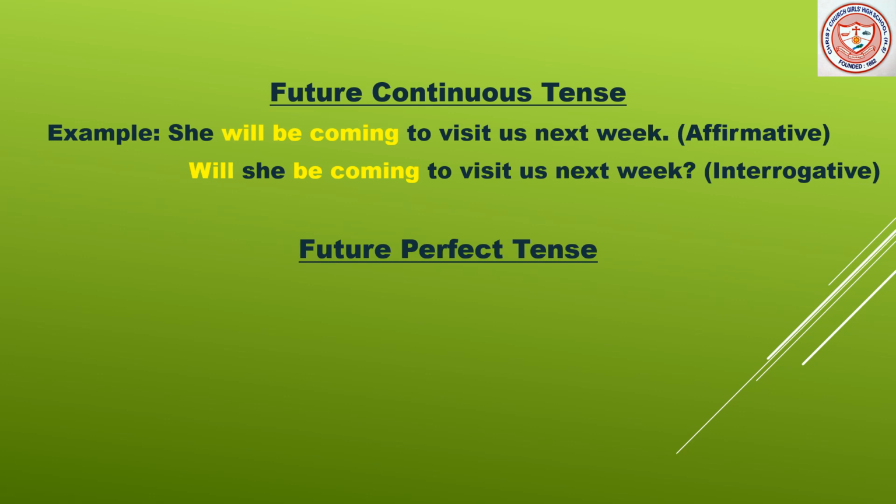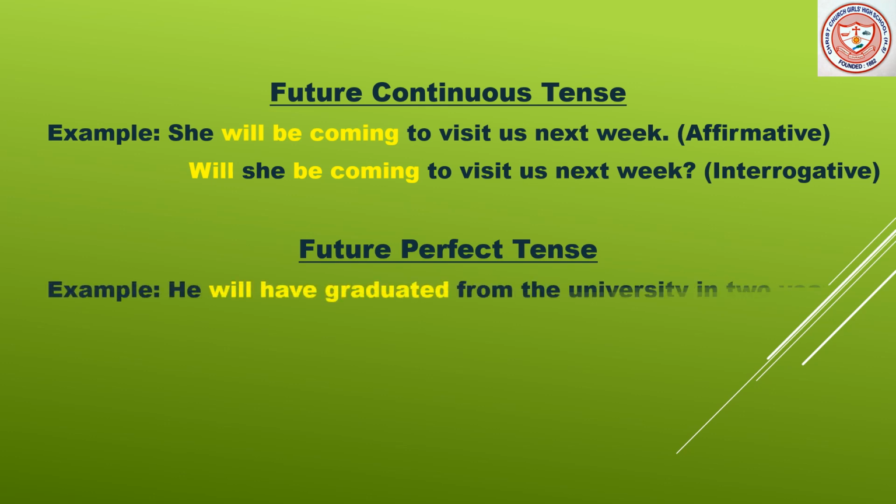Future perfect tense is used to express an action which the speaker assumes will have completed or occurred in the future. Example: he will have graduated from the university in 2 years.